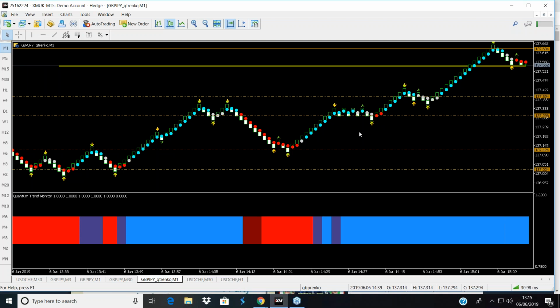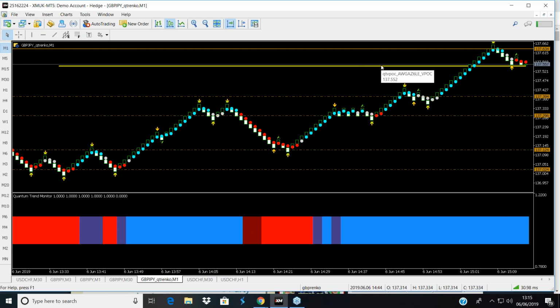And as we can see here, how do we use this? Very, very simply. We need to see an agreement between the trend dots and the trend monitor, and you stay in until there is a change to either the brighter colors, or if you don't want to wait for that, you can come out on the in-between color, as it were.